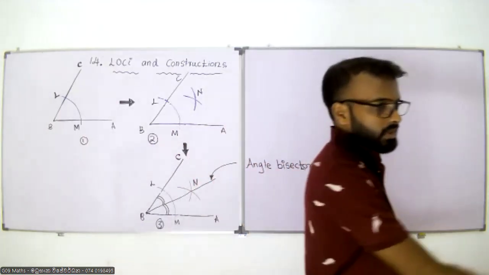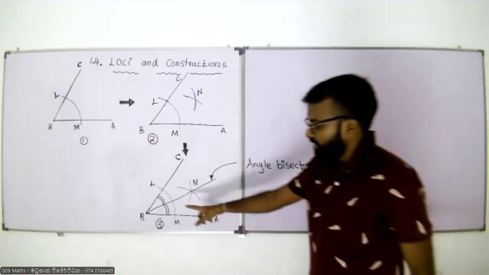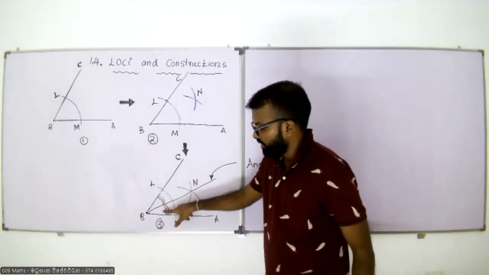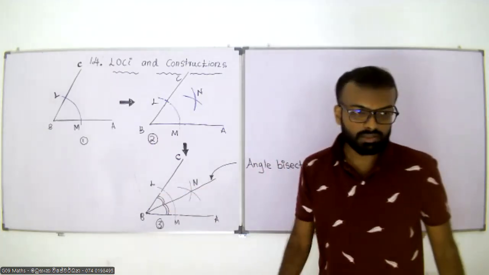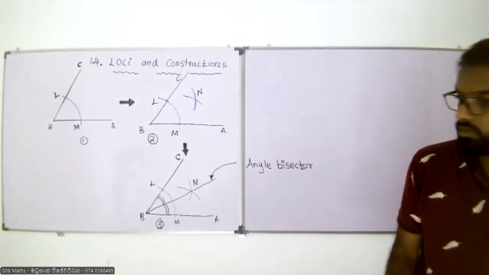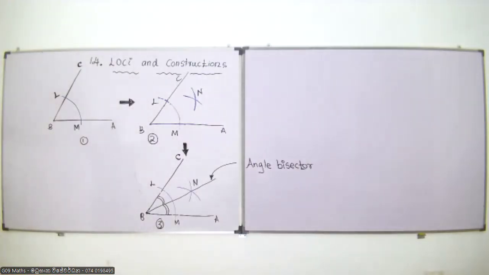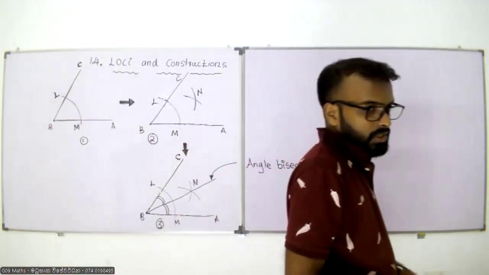Please name it. And you have to mark it like this as well, because this angle equals this angle. This is how you are going to mark that this angle equals this angle. This one is called the angle bisector. Finish. Done.